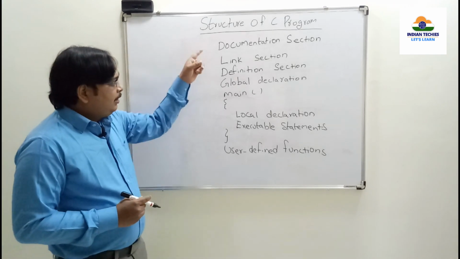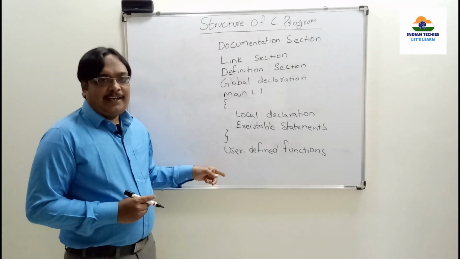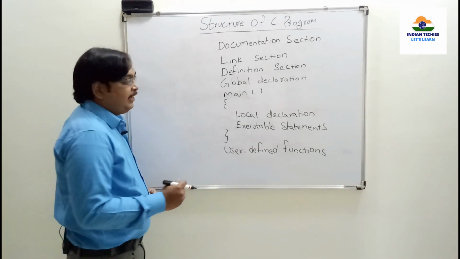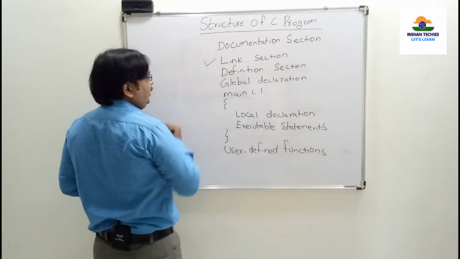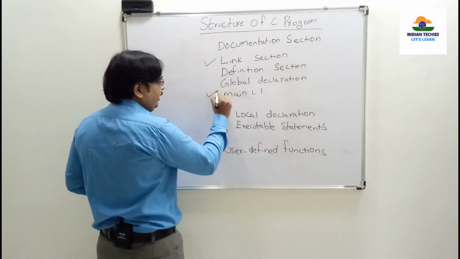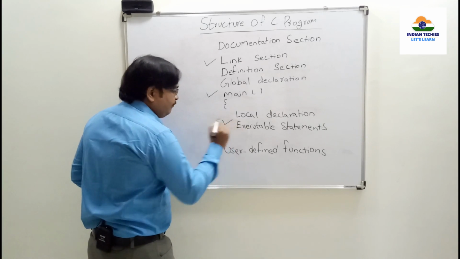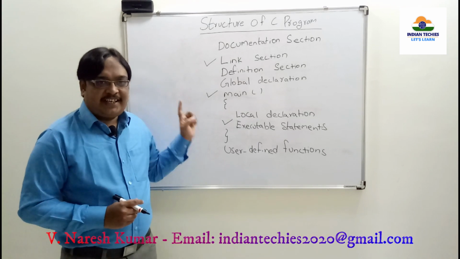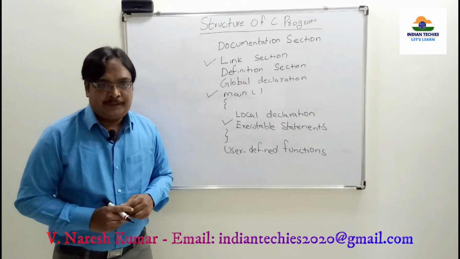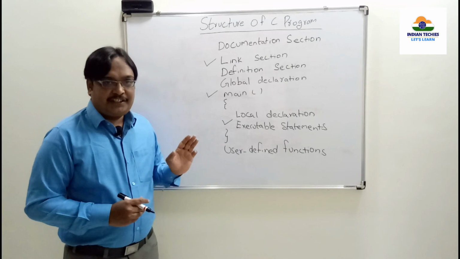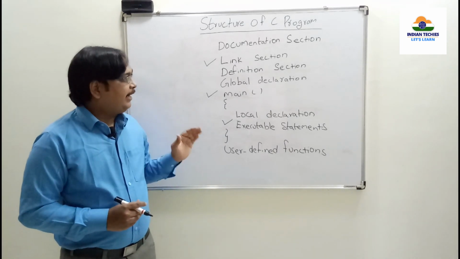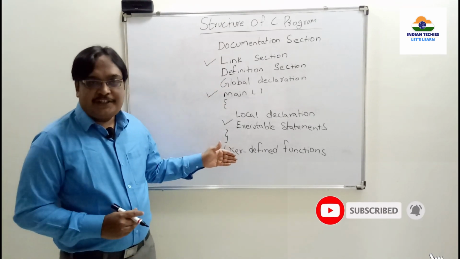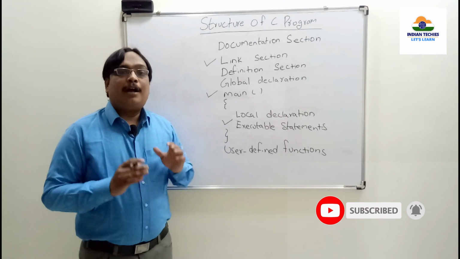Remember one point, all the sections I have mentioned here are not compulsory. Check here. I am keeping a tick for link section, a tick for main section, and a tick for executable statements. The ticked sections are mandatory. The unticked sections, where I did not keep a tick, like documentation, definition, global, local, and user defined function, are optional.